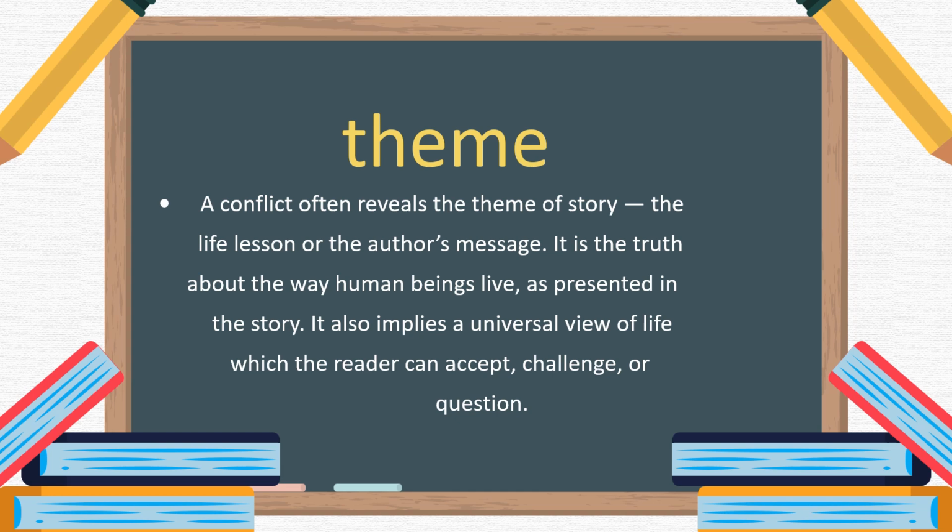A conflict often reveals the theme of the story, the life lesson or the author's message. It is the truth about the way human beings live. As presented in the story, it also implies a universal view of life which the reader can accept, challenge, or question.